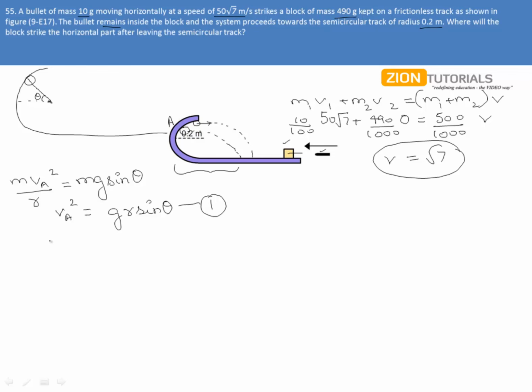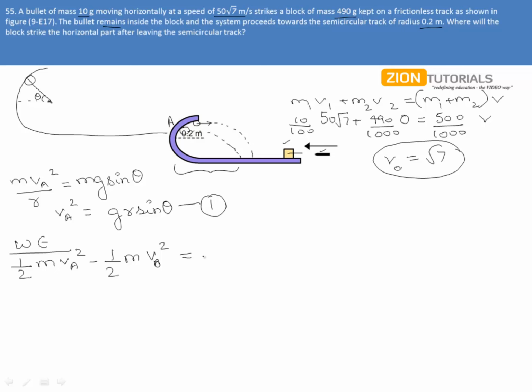Now we are employing the work energy theorem between this position A and the initial position. Now what is the final velocity? This is half m va square, the initial being half m v naught square, the v naught being this root 7. This equals the total work done.